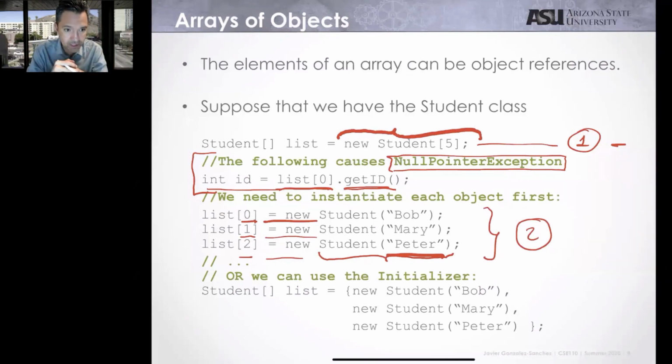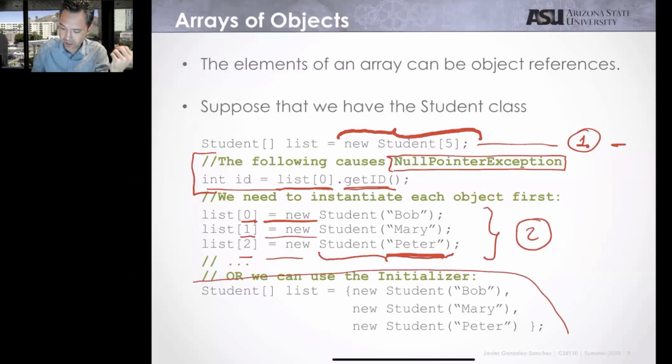Second option, you can do 1 and 2 separately, or do you remember yesterday the initialization list? Do you remember that it is one way to avoid the new for the arrays? You can avoid the new if you provide initial values.